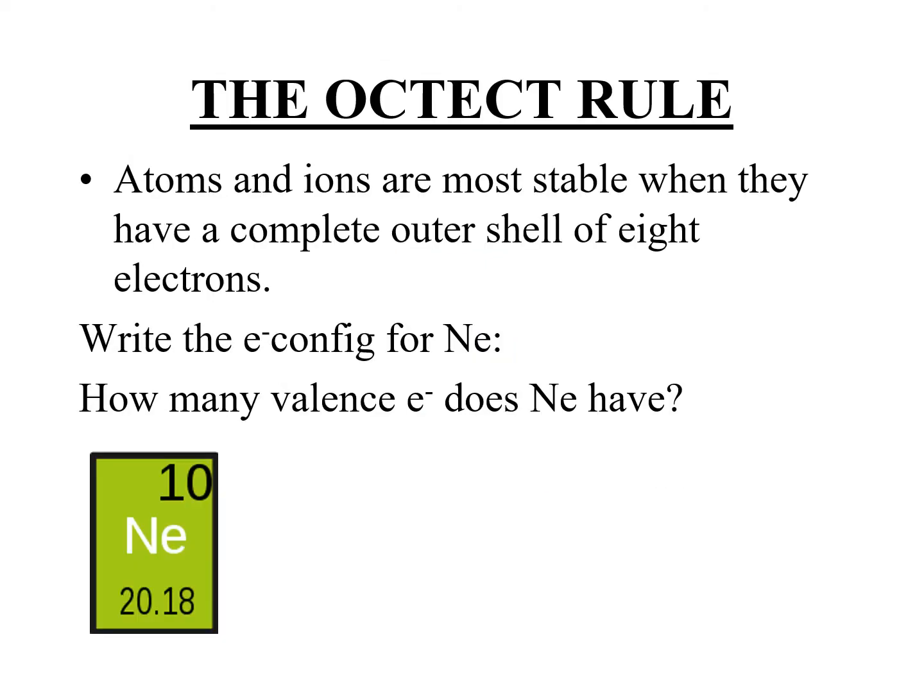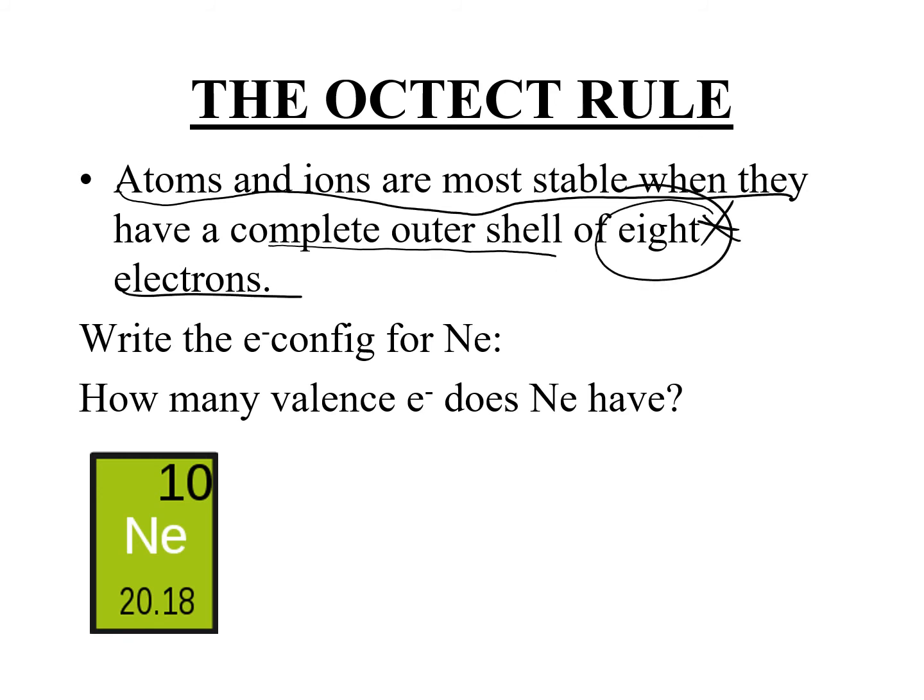The Octet Rule says atoms and ions are most stable when they have a complete outer shell of 8 electrons. To understand this, let's start by writing the electron configuration for neon. Neon has 10 electrons based on the atomic number on our periodic table.